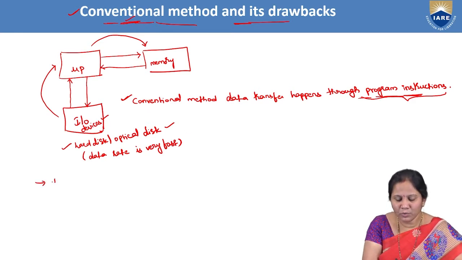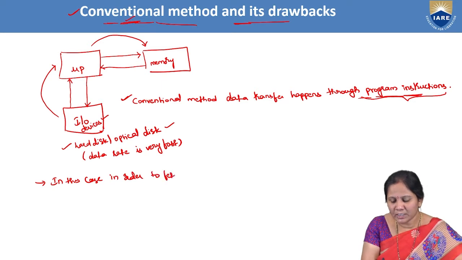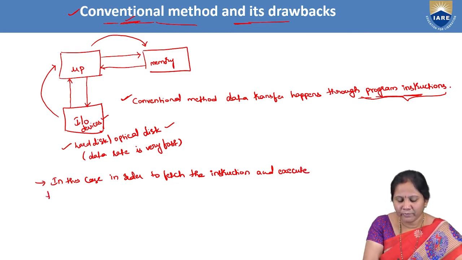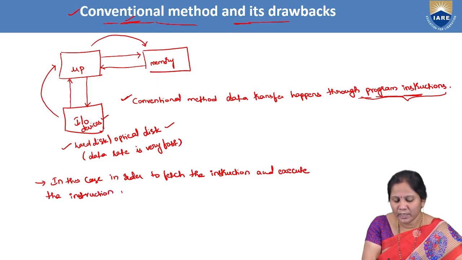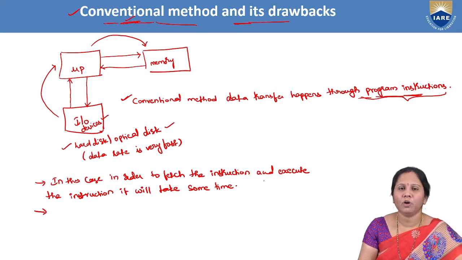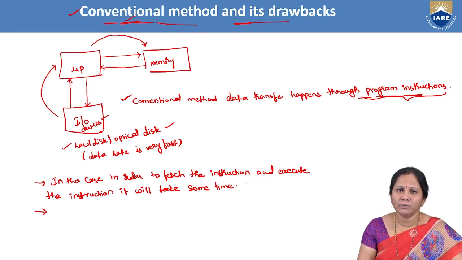In the conventional method, in order to fetch the instruction and execute the instruction, it will take some time. The microprocessor will be doing all this fetching and executing procedure.